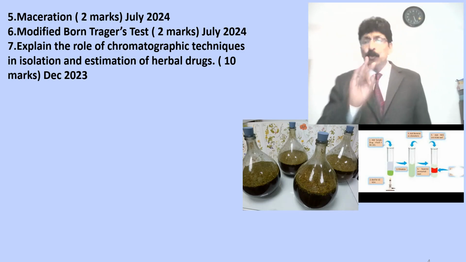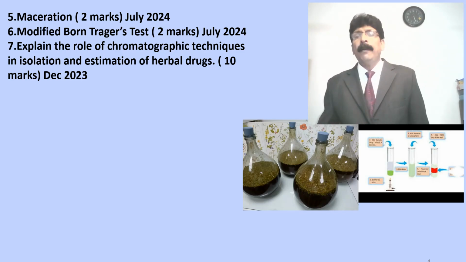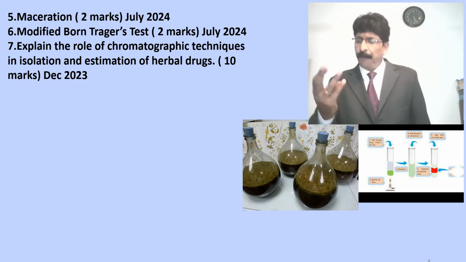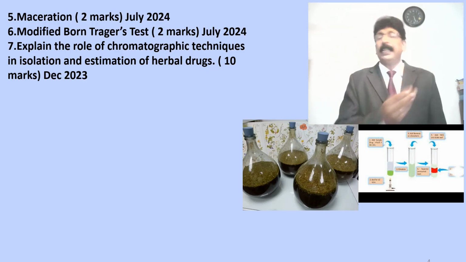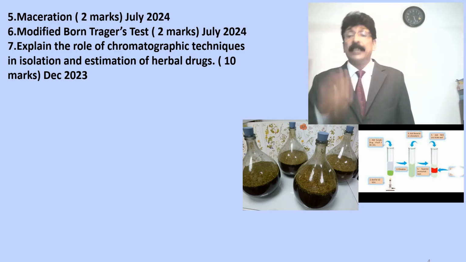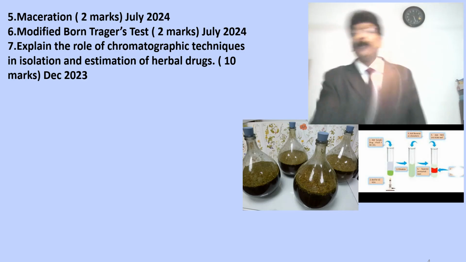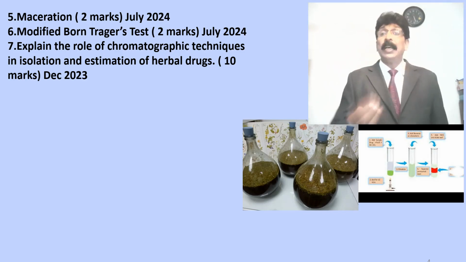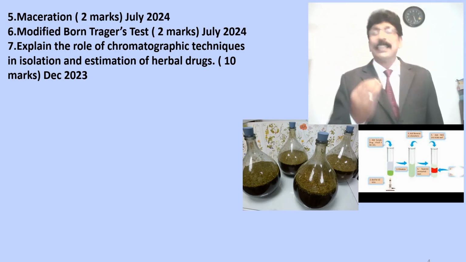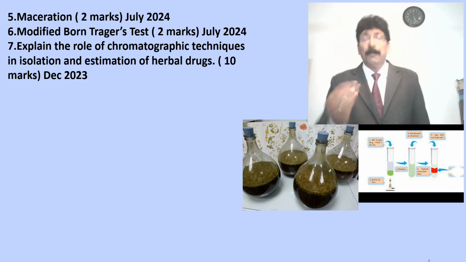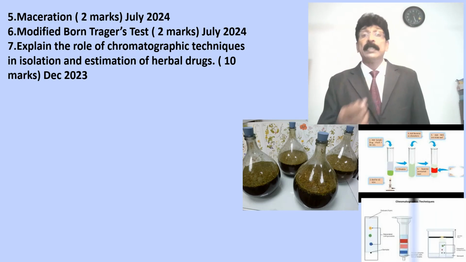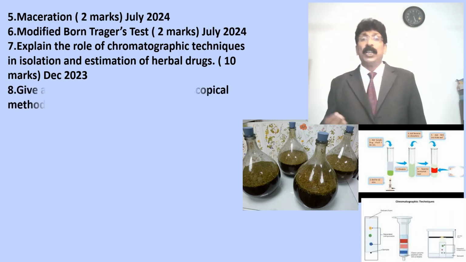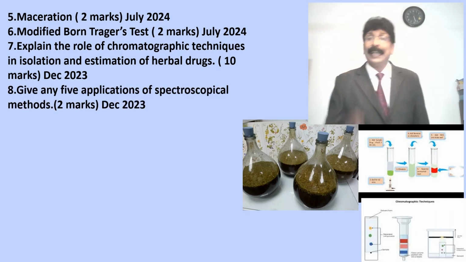So the student should write in detail about thin layer chromatography, paper chromatography, column chromatography, HPLC, HPTLC, and gas chromatography techniques, starting from the definition and classification, their principles, and their application towards herbal drugs, and write some examples for this 10-mark question. So you should know that this chapter has that much importance, with various types of techniques and the principle behind them.